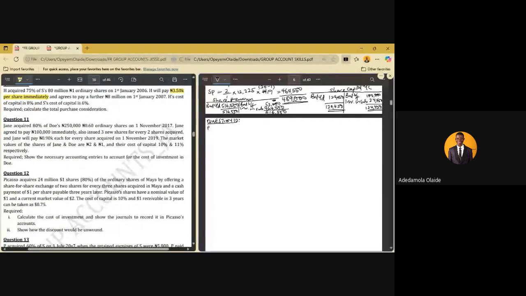Purchase consideration is what we want to calculate. For the cash, they said they are paying 3 naira 50 kobo per share. If they are paying that per share, we don't even know how many shares were acquired. But we are told that they acquired 75% of S's 80 million one naira ordinary shares.